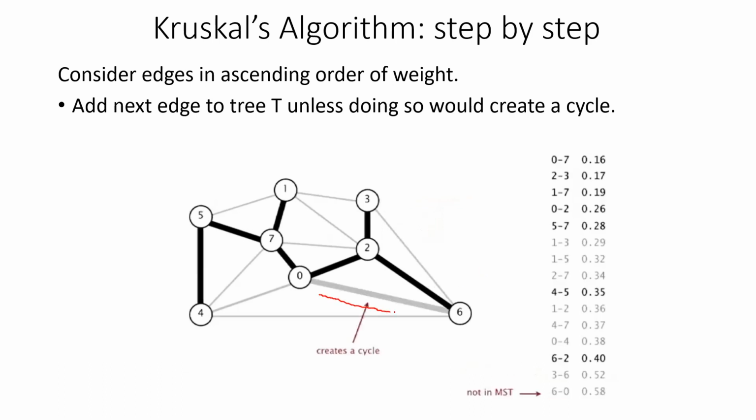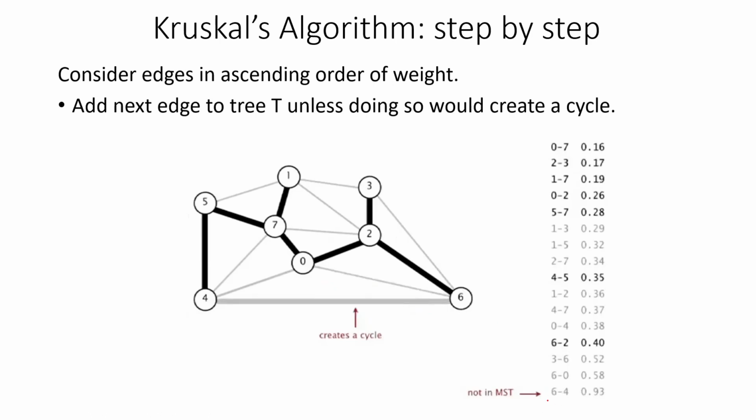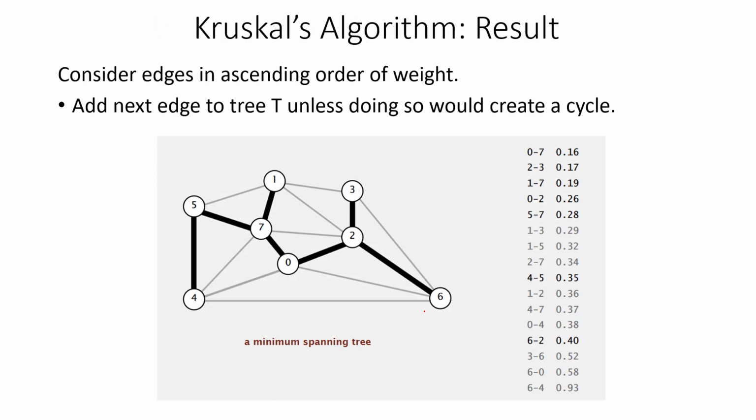And this edge, if we add it, we will get a cycle, so we don't add that edge. And then 6 and 4, if we add them, we will again get a cycle, so we skip it. And in the end, we get this final result of our minimum spanning tree.